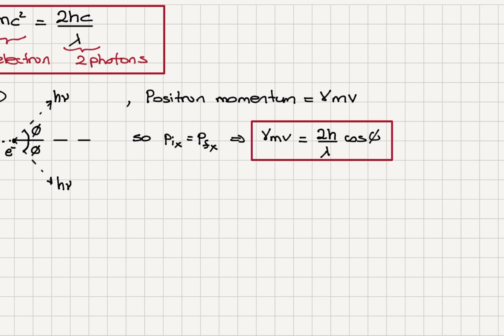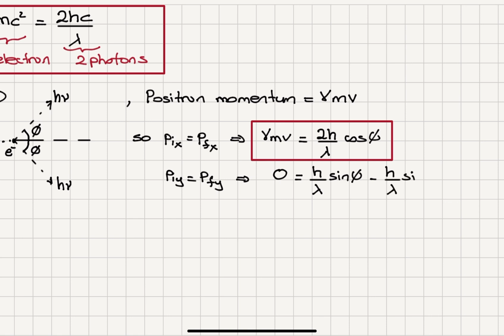What is going on the y-axis? Initial momentum y component is equal to final momentum y component, and there is no initial momentum y component. Final momentum y component, we have h over lambda sine phi minus h over lambda sine phi.